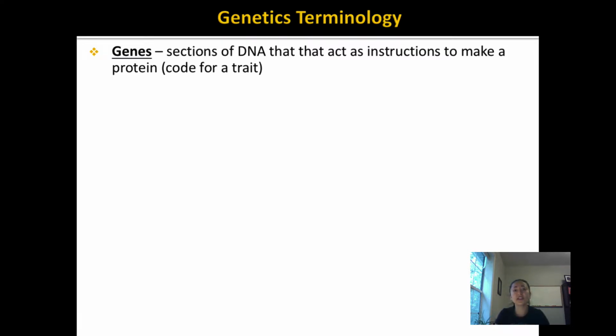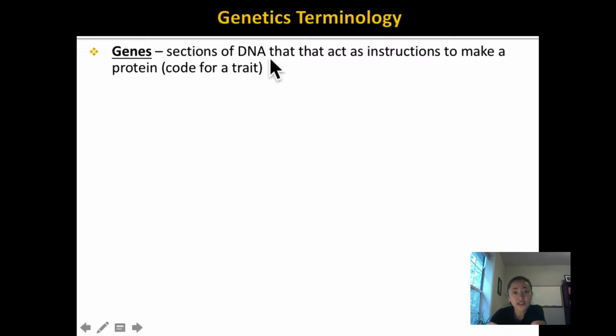So let's first talk about what controls the traits that we have. It's important to remember that every single physical trait that you have, every single physical characteristic that you can see in yourself or in another individual is caused by their genes. And genes are simply just sections of the DNA that act as instructions to make a protein.